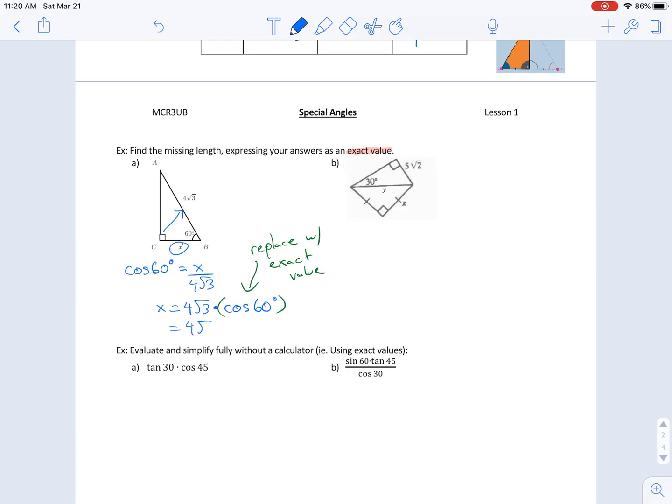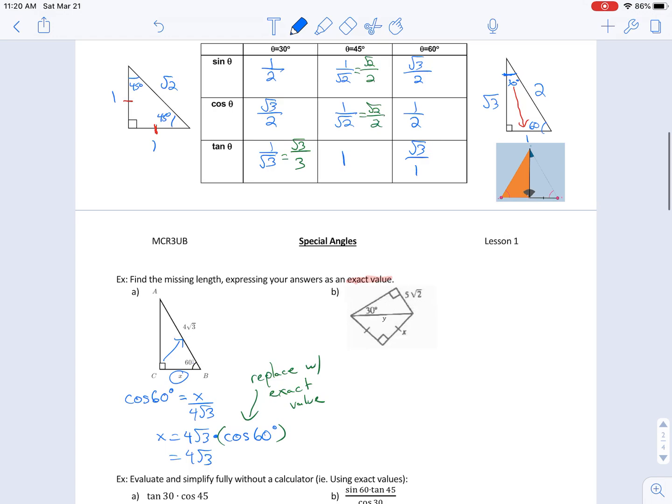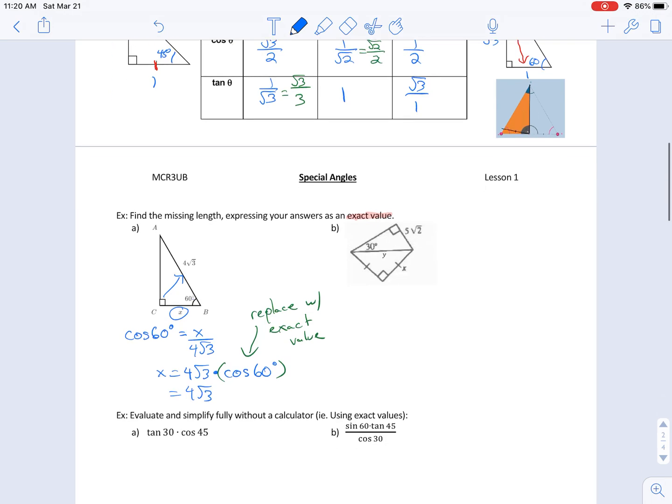So if I do that, again, we'll just go up to the table for now, but eventually you'll know these. Cos 60 is 1/2, so that one's pretty easy. So I get times 1/2. So move this over here, so I end up with this divides with this, so I end up with 2 root 3. That's it. So that's my exact value answer. We didn't need a calculator.